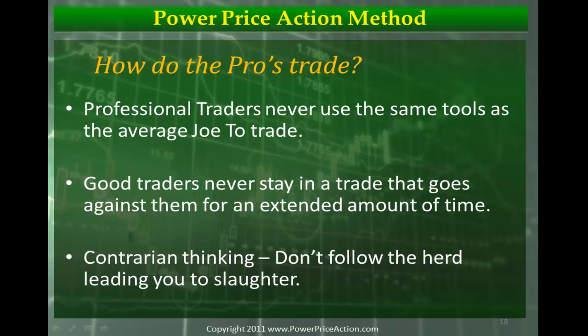I'm going to show you about trading the news in just a second here. But just know that if you start following what everybody else is doing, you're going to get the same results. You have to think a little bit contrarian in order to trade price the way it was intended to be traded.